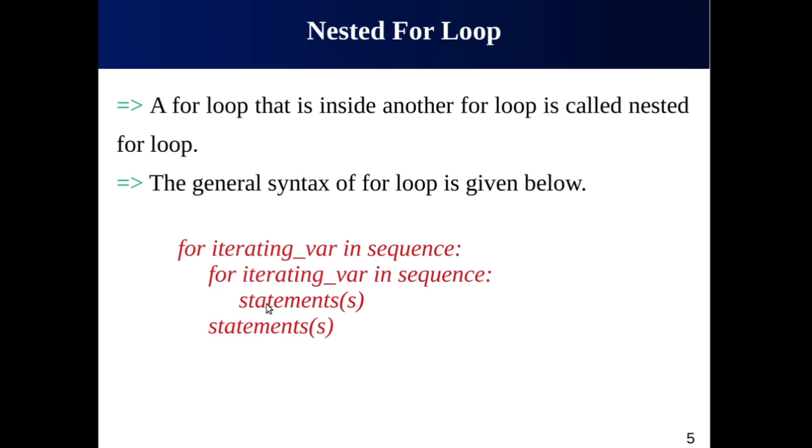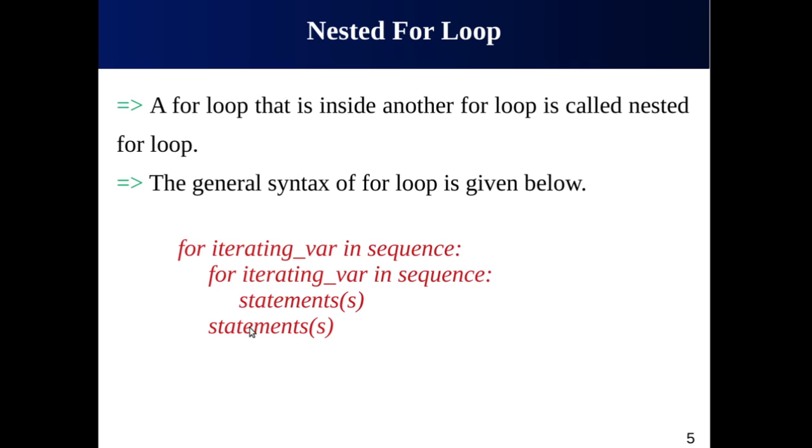Its execution will depend on the conditions in both the loops. So this statement or group of statements will be executed only if both the conditions are true, in the outer and in the inner loop. However, the last statement or group of statements is not part of the inner for. It is part of the outer for loop.